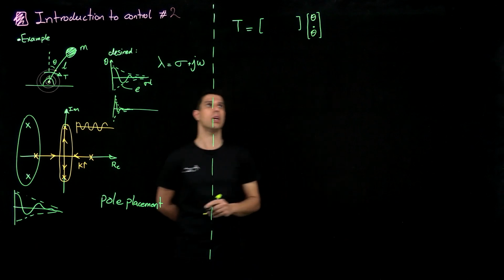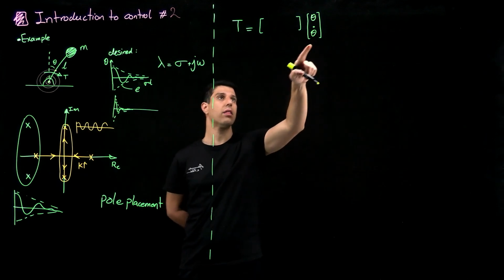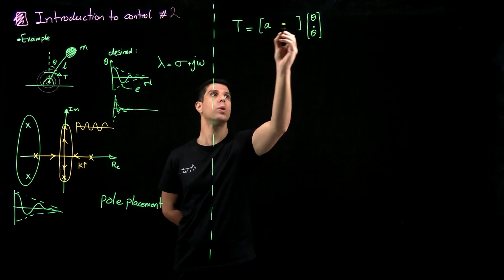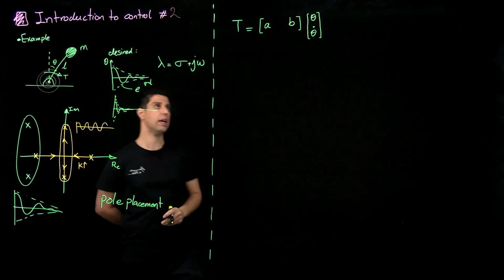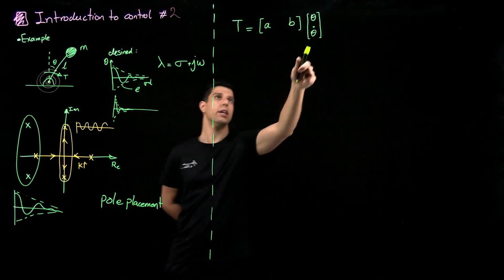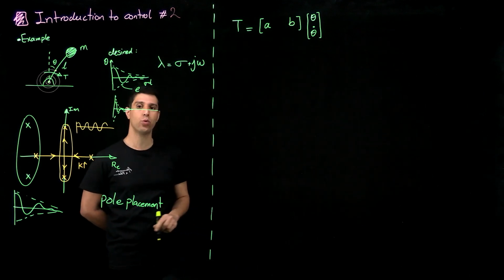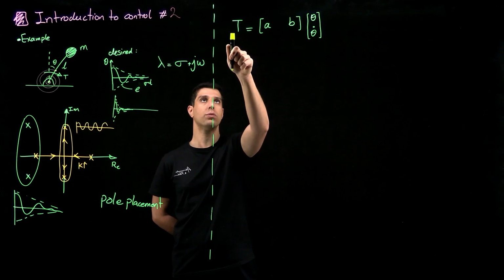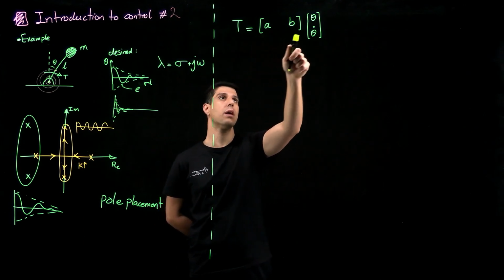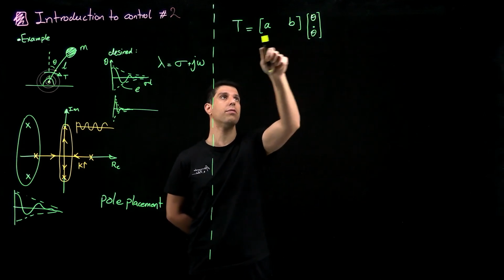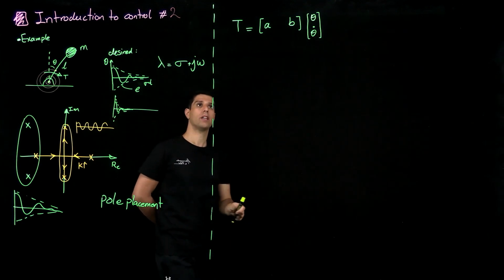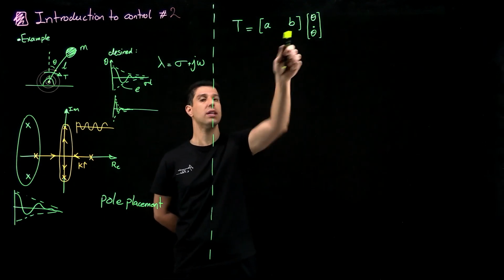Those are the two states of my system. And through a matrix gain with gain elements A and B, I can calculate torque. This is called a full state feedback. So the control output, torque, is a matrix manipulation of the entire state vector. So my goal is to design these A and B.